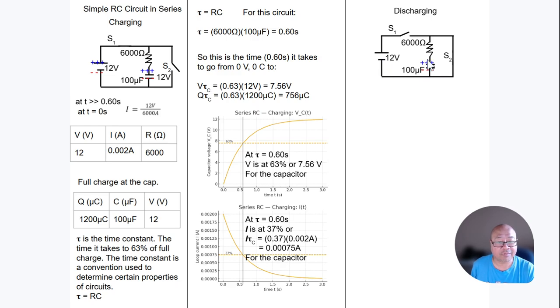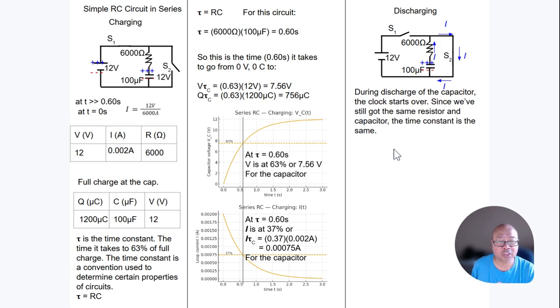And now we've got a capacitor that's fully charged at 12 volts, with positive charges on one side and negative charges on the other. And now notice the current is going in this direction, as opposed to before when it was going in the other direction.